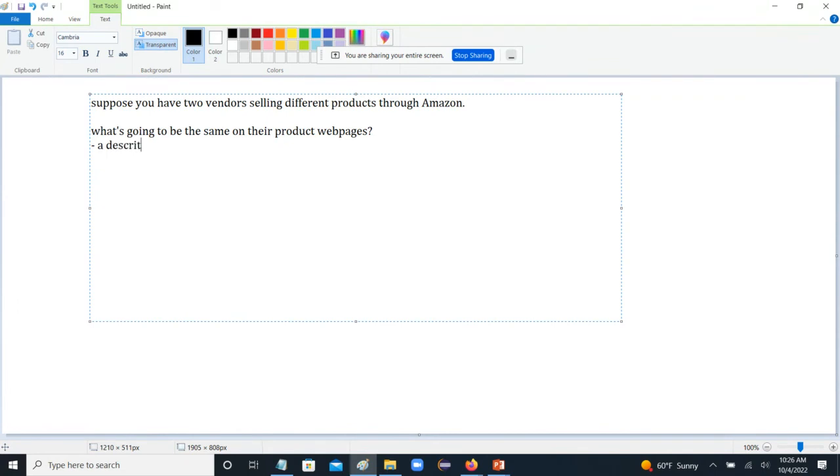Well, things like a description block, right? The set of images and their locations. The interface with the recommender system. So we know how the page is going to look, right? Up at the top, there's going to be an image of the picture itself. There's going to be a title on it.